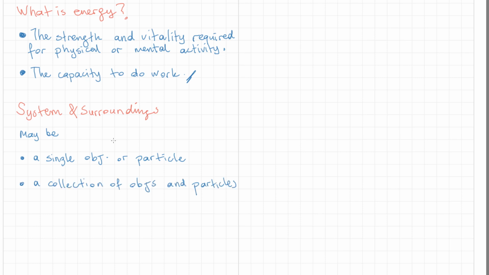It may be a collection of objects and particles. It may be a region of space, for example, the interior parts of a car. And finally, its size and shape may vary. For example, when a water-filled balloon hits a wall, it will deform, and its size and shape will vary.